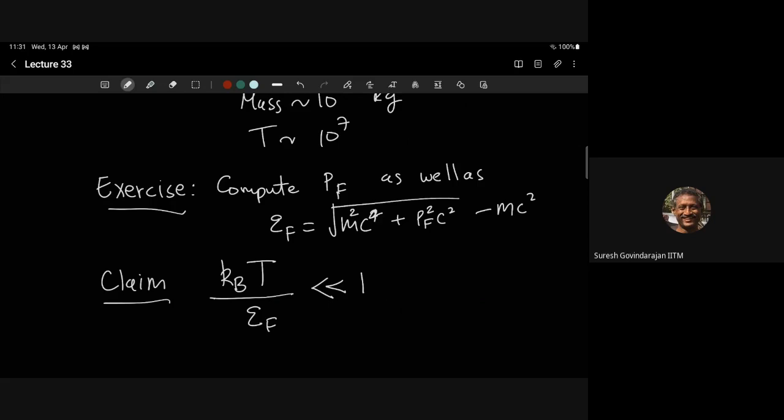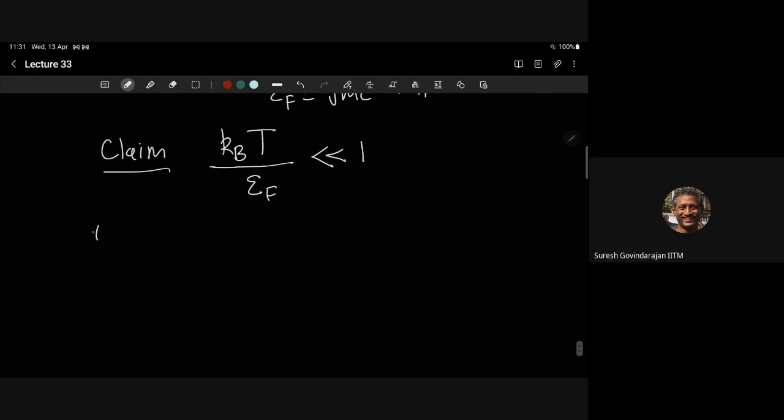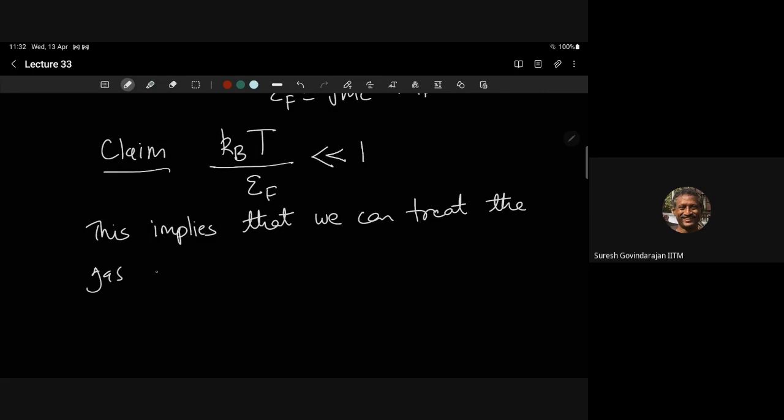It's kind of bizarre that T in absolute terms, at 10^7, looks very big, but when compared to the Fermi energy it's much less than 1. So what does that imply? That we can treat the gas of fermions as if they are at T equal to 0.